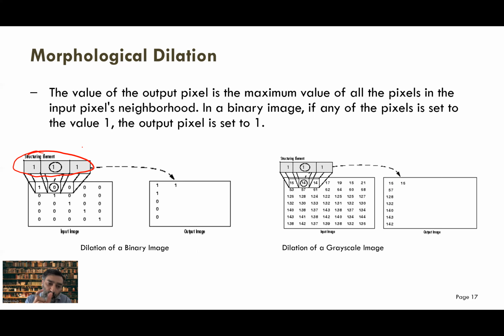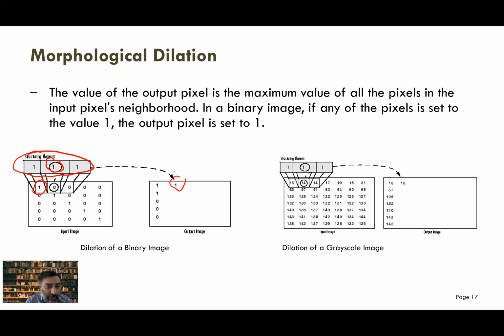What you do is use that small structuring element and move it across the whole input image. If it's a dilation operation, it's going to look at the neighboring pixel, and if the neighboring pixel is 1, it's going to make it 1 as well. That's why it's called dilation. It's increasing. So if this is 1 and your structuring element's neighbor is 1, even if it's a 0, you're going to get 1 here.